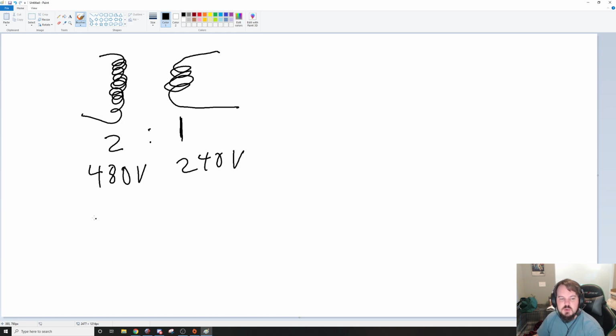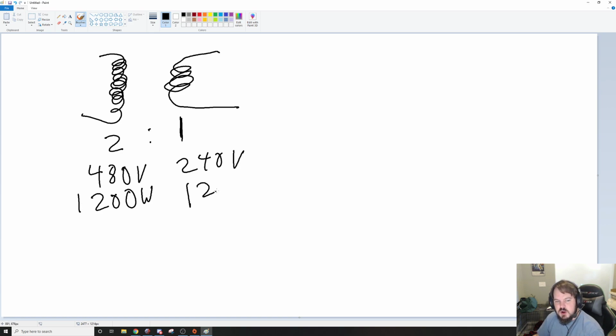But since the wattage, so we'll say this is 1200-ish watts. Y'all don't nitpick my math here. 480 volts, 1200 watts.